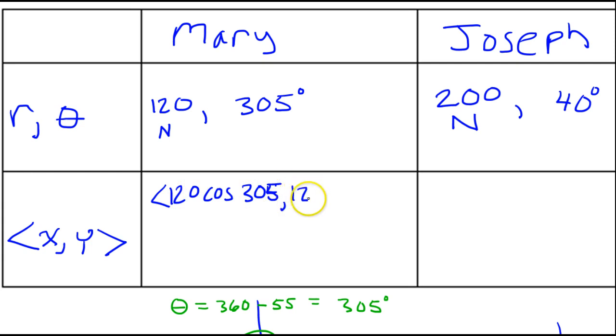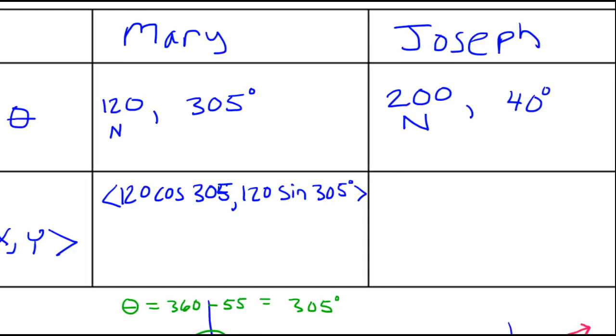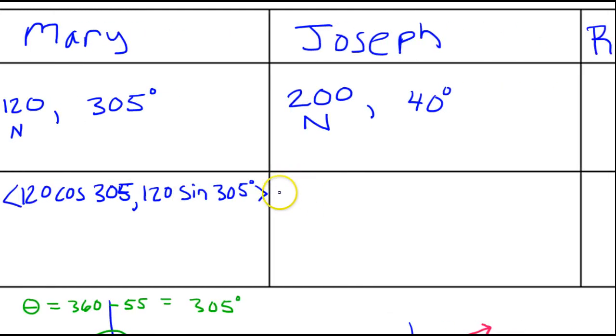And then r sine theta would be 120 sine 305. Okay, similarly for Joseph, I can find component form by doing 200 cosine theta, comma, 200 sine theta.